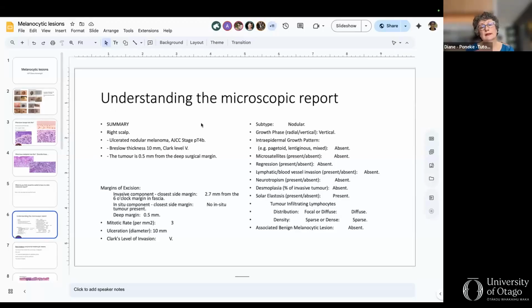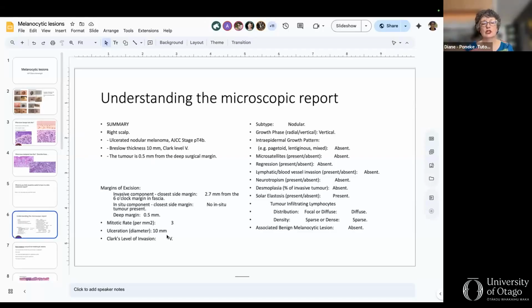All right. So what we have here is the summary because we love to give you a summary. And these are perhaps the most important things that we ask you. So we want to have the stage. And the margins, but there's a whole lot of other information. So we like to detail the margins. We talk about the mitotic rate because we know the mitotic rate is related to prognosis.